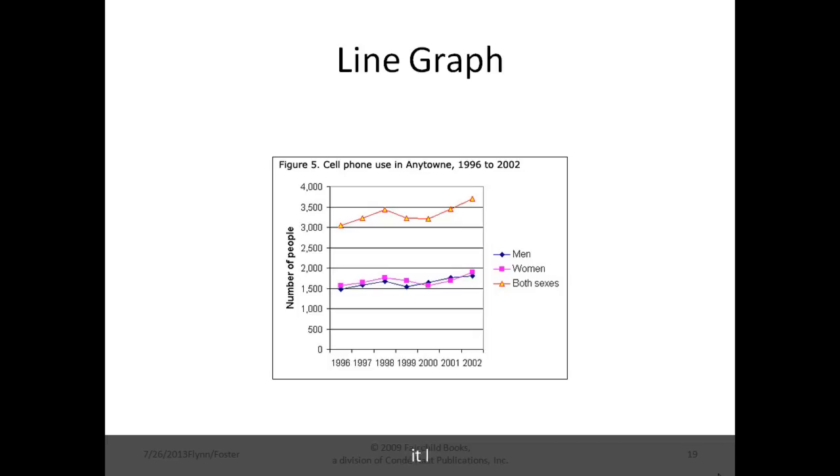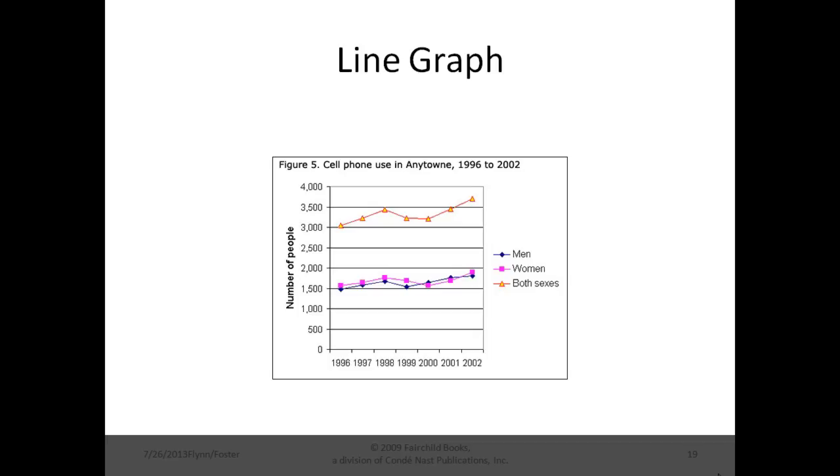Next is a line graph, and it shows trends or changes over time. So usually at the bottom it's going to have the years and then kind of show the differences over time and how things have changed over time. So in our example, one thing that would be interesting to want to know about this example would be looking at cell phone use in a town.